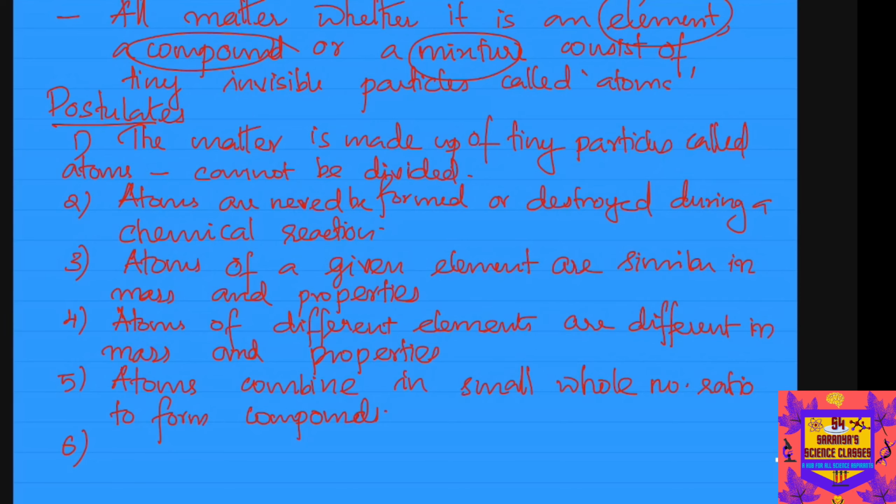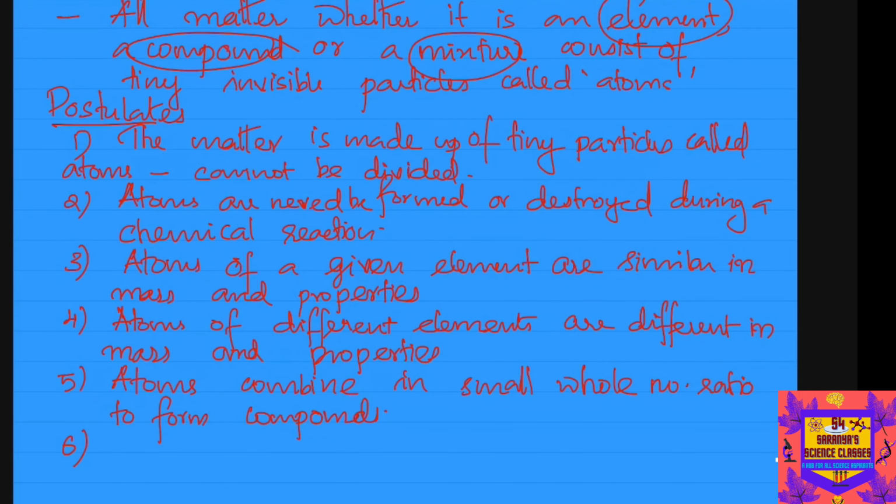Now the sixth postulate is like this: a compound contains a constant number and kinds of atoms. That means in a given compound, the relative number and kind of atoms are constant. They will always be constant.